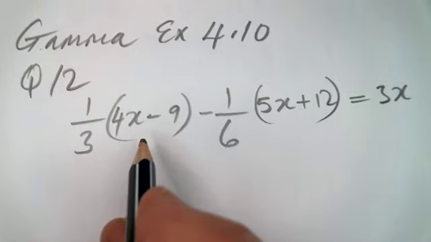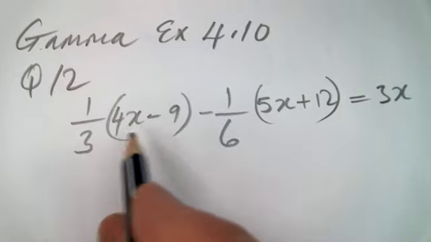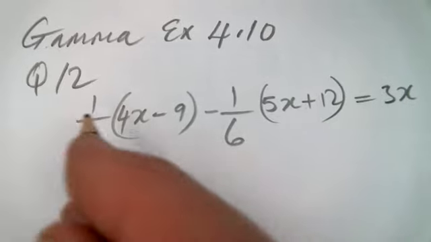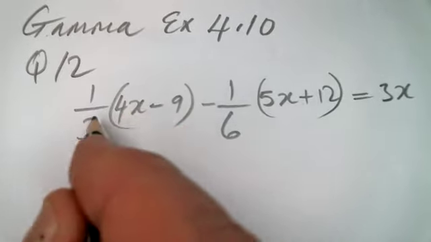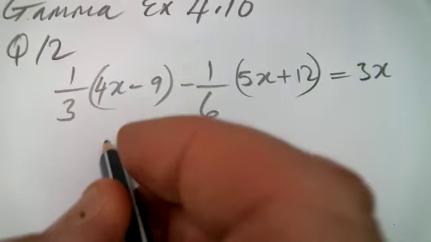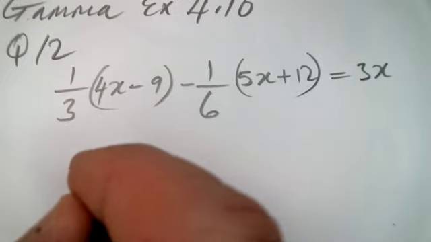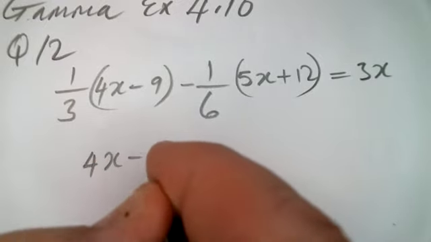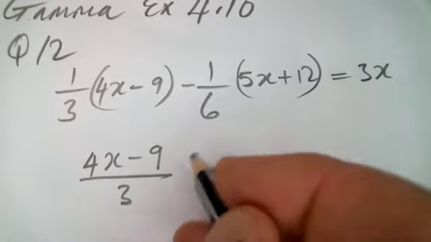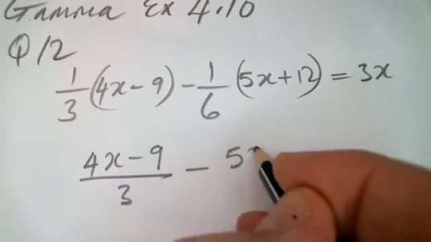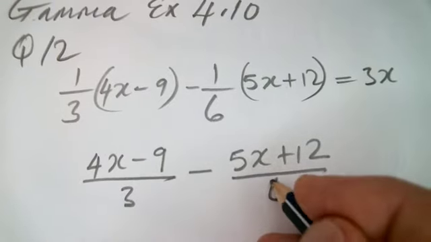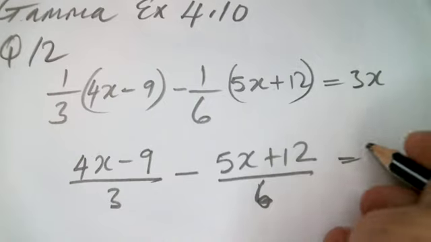Well, you could do, of course, but I prefer to think of this as being over the vinculum. So let's restate that. I just find it a bit messy and there's more components here than we actually need. So instead of all of this, let's put 4x minus 9, let's not worry about the brackets, and just go over 3, minus 5x plus 12 over 6, is equal to 3x.